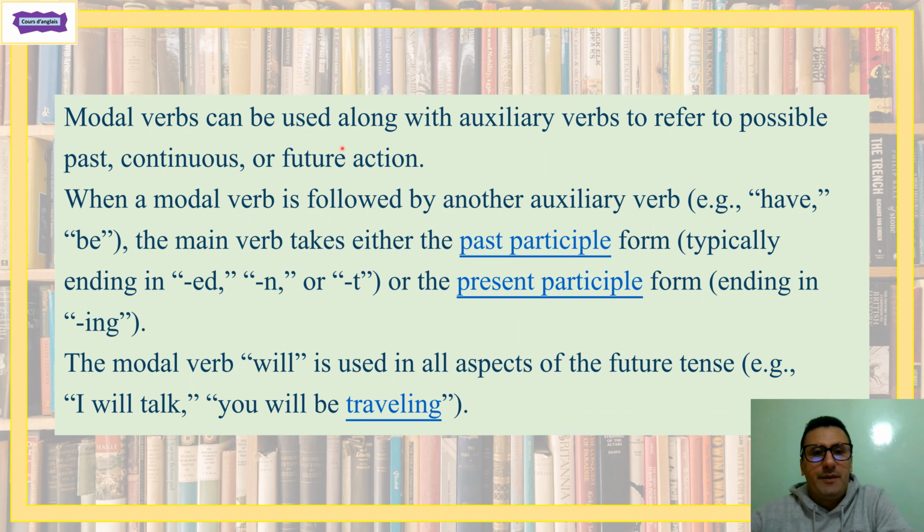Modal verbs can be used along with auxiliary verbs to refer to possible past, continuous, or future action. When a modal verb is followed by another auxiliary verb, for example, have or to be, the main verb takes either the past participle form, typically ending in ed, n, or t, or the present participle form, ending in ing.